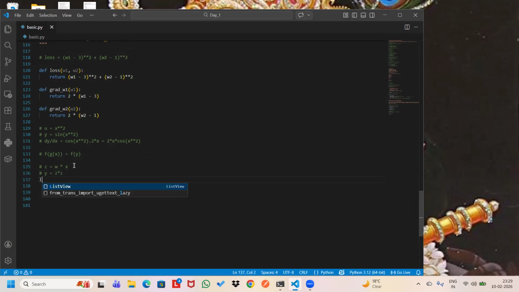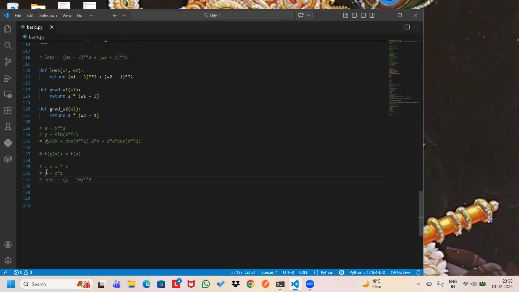And the third one is loss equals (y minus 10) whole square. So what you understood is that I have a z which is nothing but w into x, that means weight into one variable. And in the second one, I'm putting this value of z.